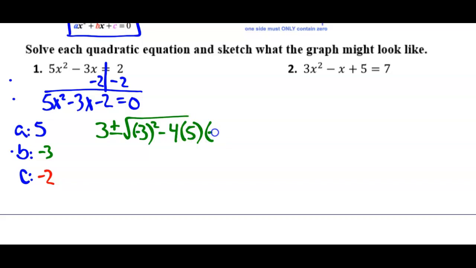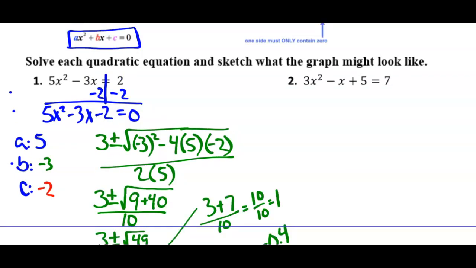Then minus 4ac, all over 2, and a is 5. Okay? So, do the math, figure out an answer, and see if you can get the same answer I do. I'm going to go do the math and come back and we'll talk through it. Great.